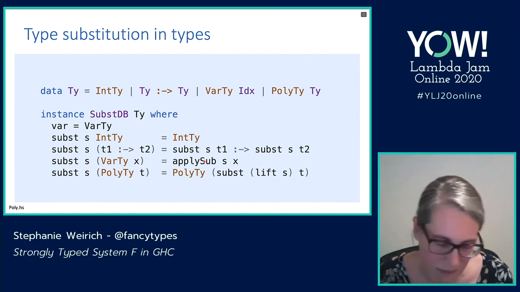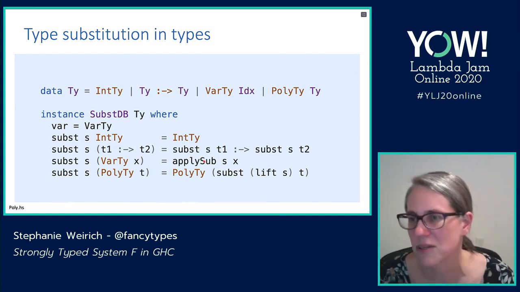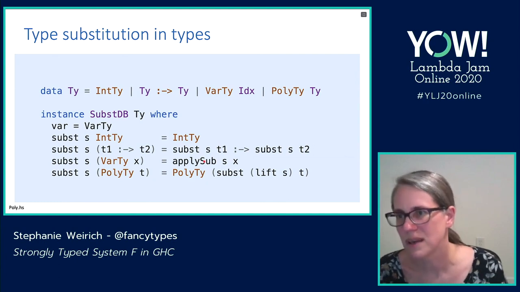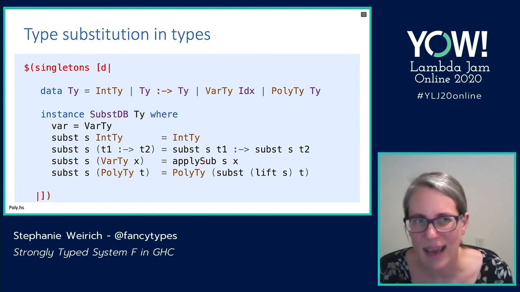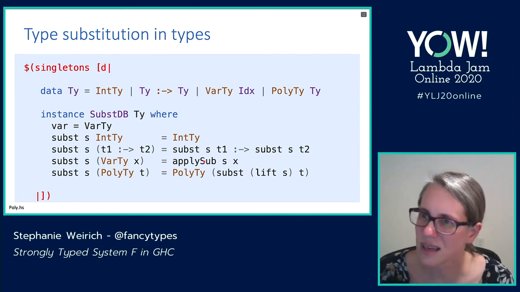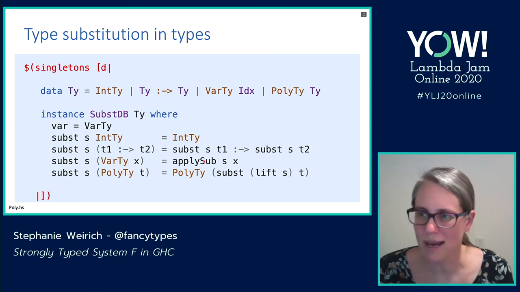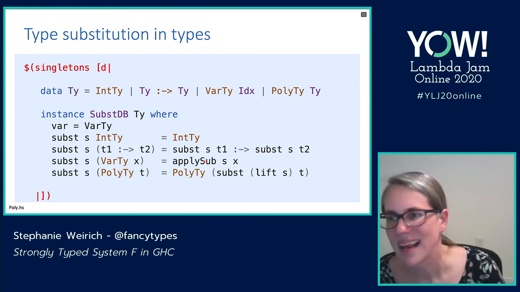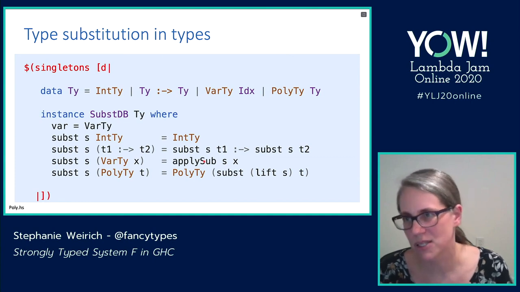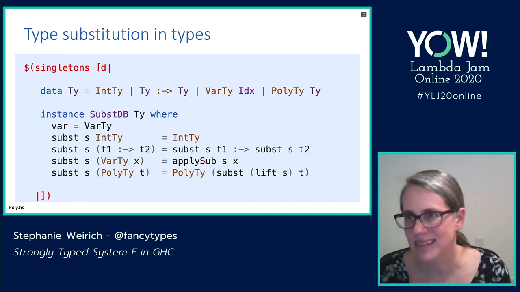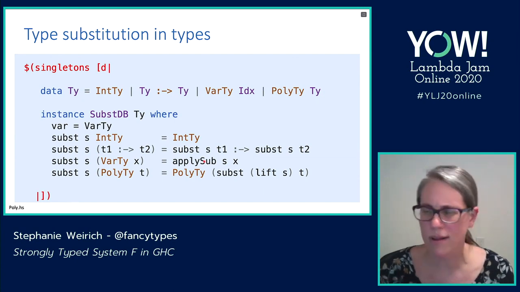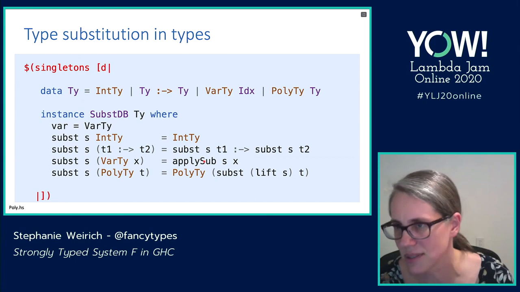And we don't quite have that in Haskell, right? We can't take normal Haskell functions and use them to describe types. So what we have to do here is add, this is where the singletons library comes in. The singletons library has a little bit of magic for us, where if we put our normal term definitions in some singletons brackets, it will create the exact same version, except one level up in the type language, that we can use for us.